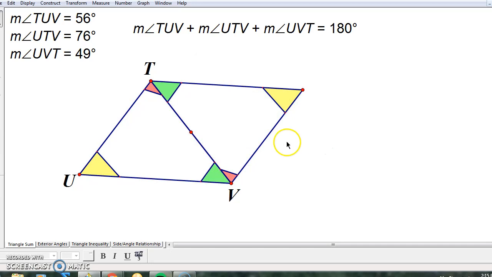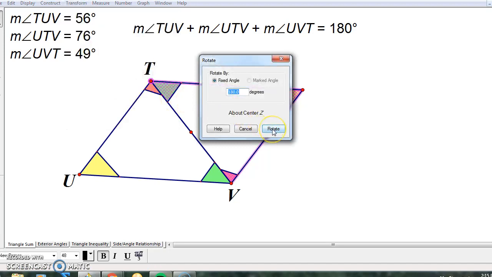Okay, that puts the yellow angle over there, the green angle goes up there, and the red angle goes down there. If I put a midpoint here, we construct a midpoint, and then I'm going to rotate all of this 180 degrees. That doesn't look like it's going to do it.